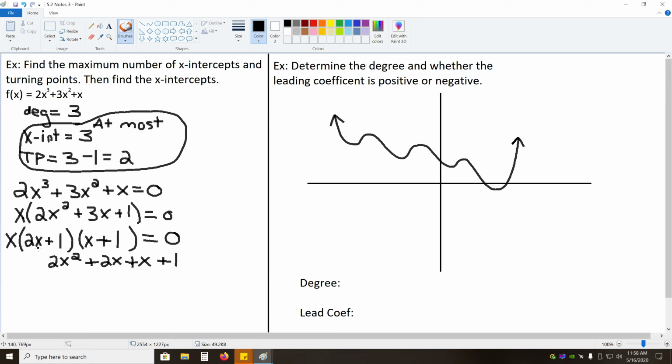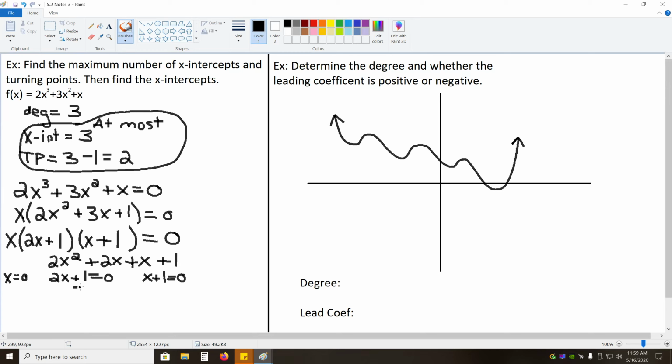which means we can now set each factor equal to 0 to find our x-intercepts. So we get x equals 0, 2x plus 1 equals 0, and x plus 1 equals 0. The first one's already done for us, just x equals 0.